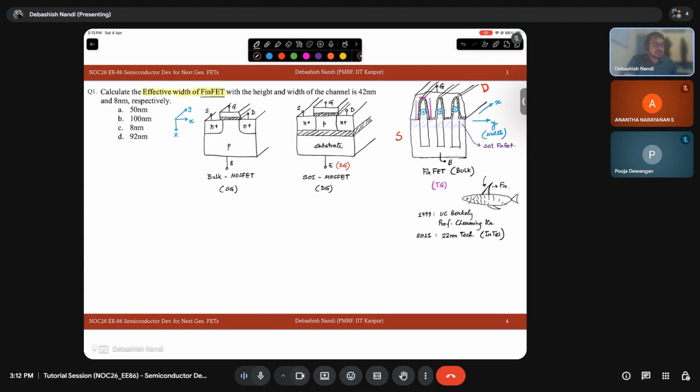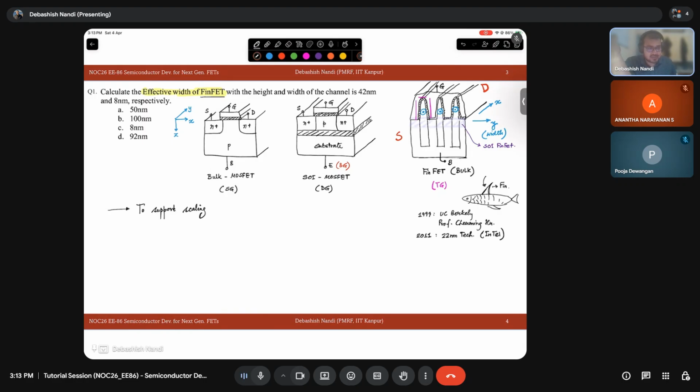We'll discuss why this got adopted and what the motivation behind this is, right? So one thing you understand is that this is to support scaling. Scaling we have discussed, right?